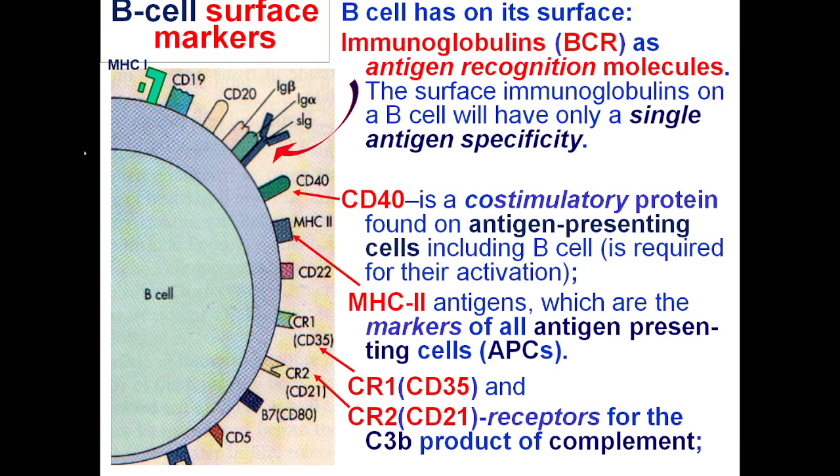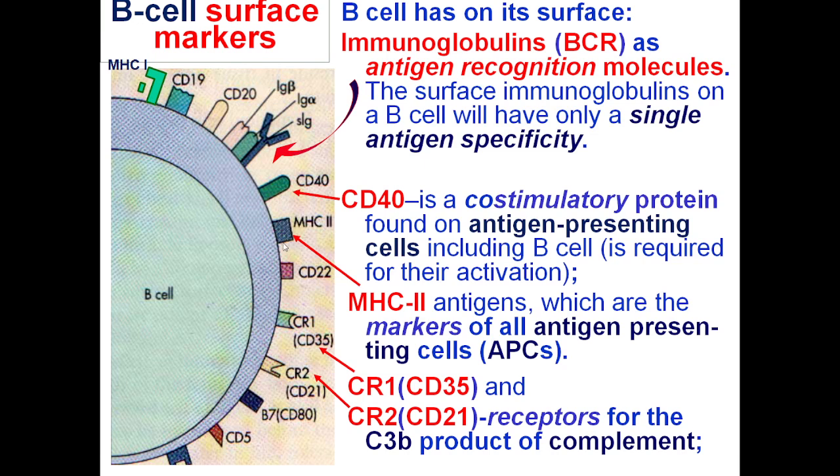Now, again, with more details, the B cell has the immunoglobulin B cell receptor, antigen recognizing. What's shown here in green at the top of the figure is the MHC1 protein.